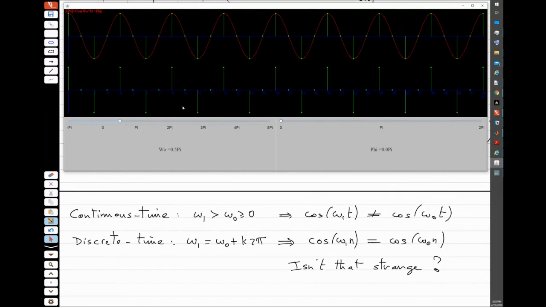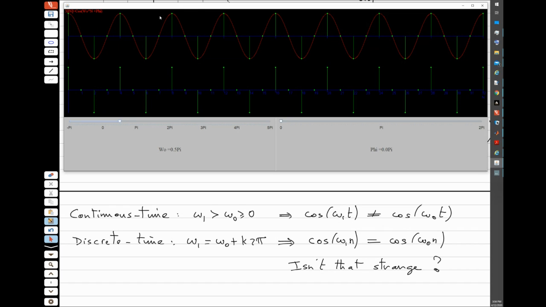Look at this. This corresponds to pi over 2. You can have guessed that this is pi over 2, because this is cosine of 0, cosine of pi over 2, cosine of pi, which is minus 1, cosine of 3 pi over 2, which is 0, and cosine of 2 pi.